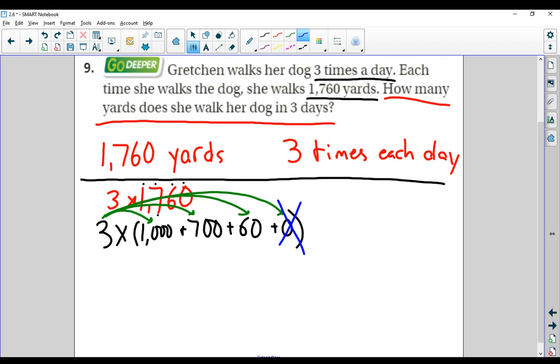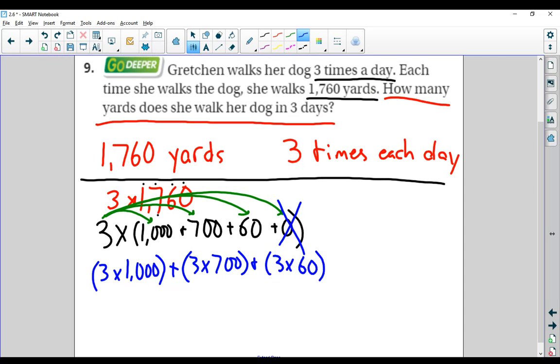So we're going to come out with 3 times 1,000 plus 3 times 700 plus 3 times 60. So there's only going to be 3. If I had the fourth one, it actually would be plus 3 times 0. But we know that's 0, so we're not even going to put it on.